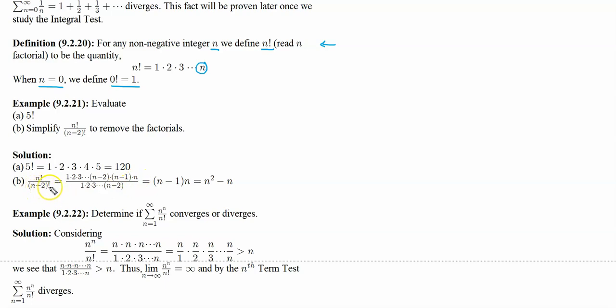Now n minus 2 factorial is 1 times 2 times 3 all the way out to times n minus 2. So you notice how these cancel right here. These cancel. And you're left with n minus 1 times n, or n squared minus n.